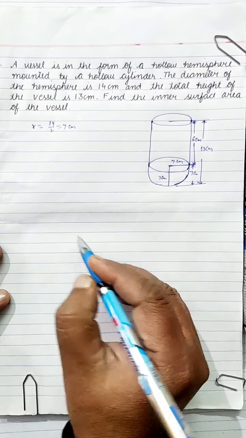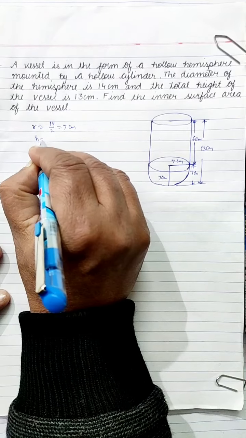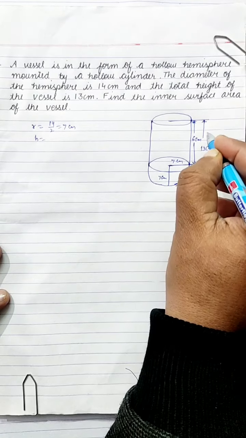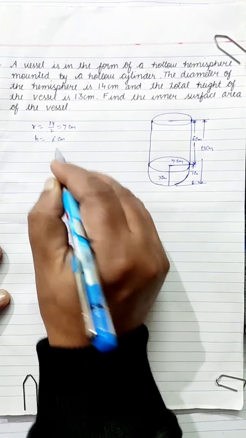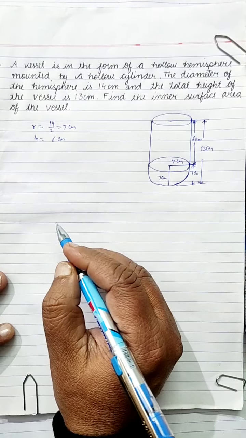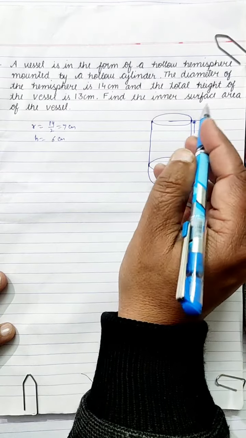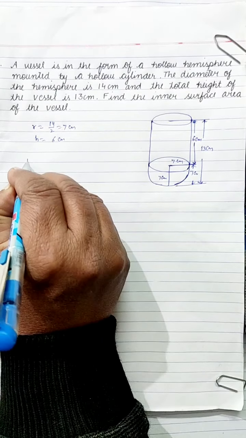Okay, so height of cylindrical part is 6, radius for both is 7. Now we find inner surface area of the vessel.